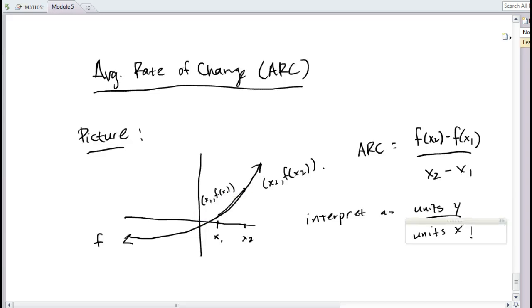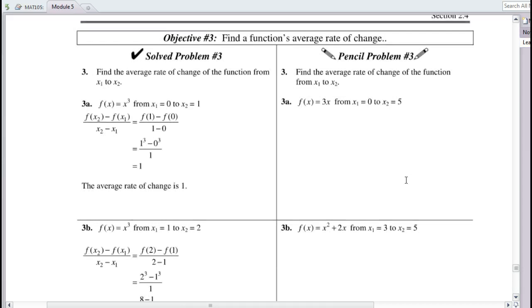So let's go back to the learning guide and do a couple of these. It says find the average rate of change of the function from x1 to x2. So our function is take the input and triple it. f of x equals 3x, and we have two x values. So the first thing is get the two ordered pairs. When you do f of 0, we get 3 times 0, which equals 0.